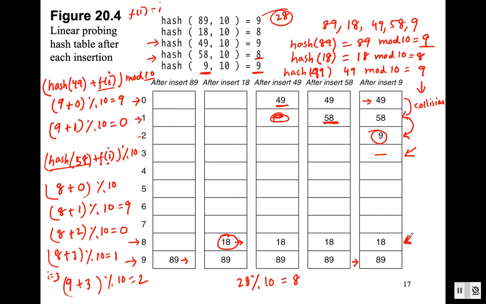We start looking for the item from the hash value index. But if we don't find the item, then we keep looking at the next available cell, and we keep looking until we find an empty cell. If we find an empty cell but still didn't find the value we are looking for, that means this value is not in our hash table.